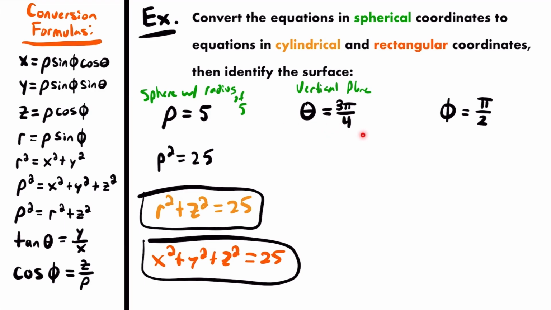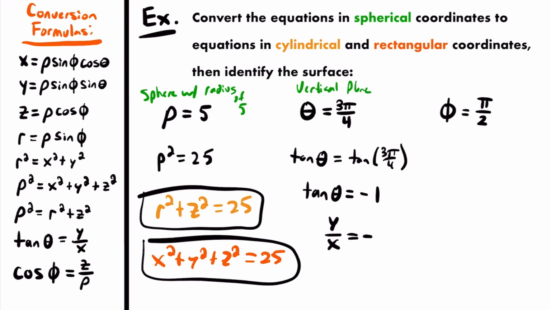So if we take tangent of both sides of the equation, we'll have tangent theta equals tangent of 3 pi divided by 4. And tangent of 3 pi divided by 4 is -1. So we'll have tangent theta equals -1. And then we know that tangent theta is y divided by x. So we'll have y divided by x equals -1. And then you could solve for y by multiplying both sides by x. And you'll have y equals -x. All right, so that's the rectangular equation.